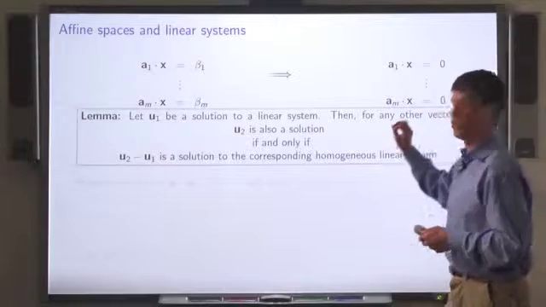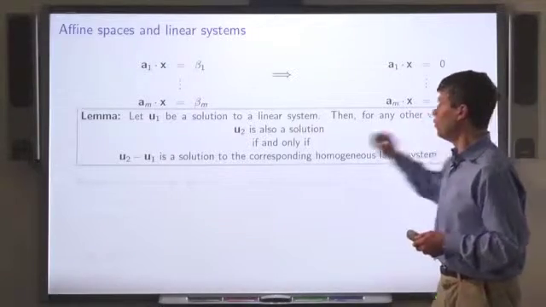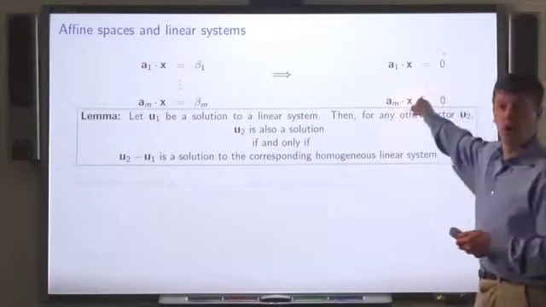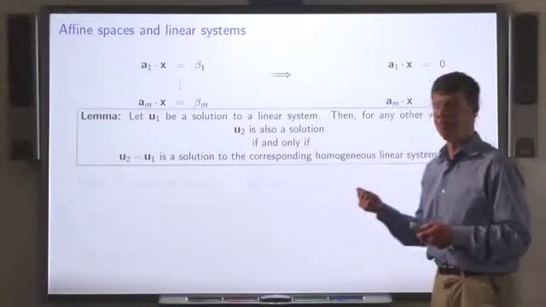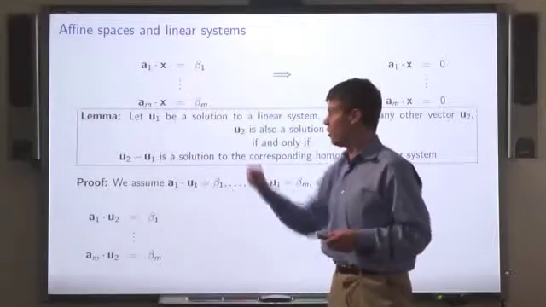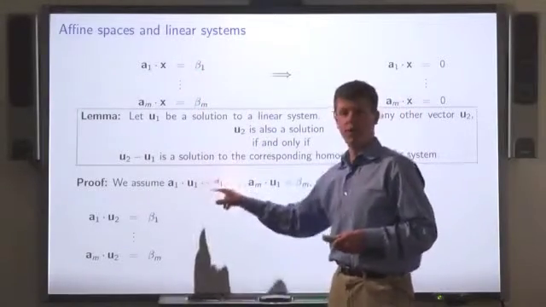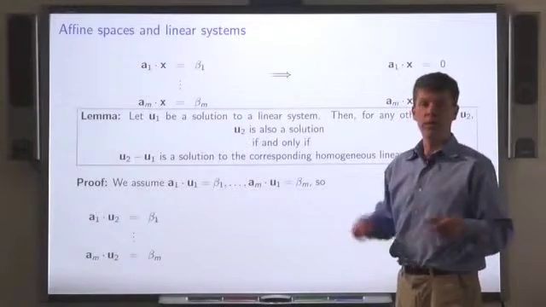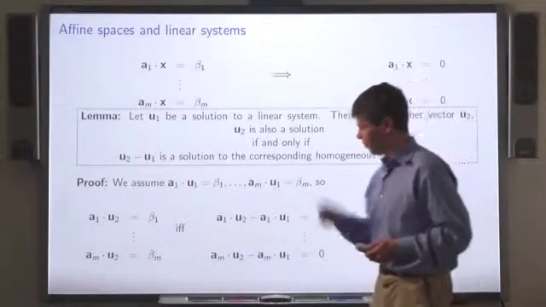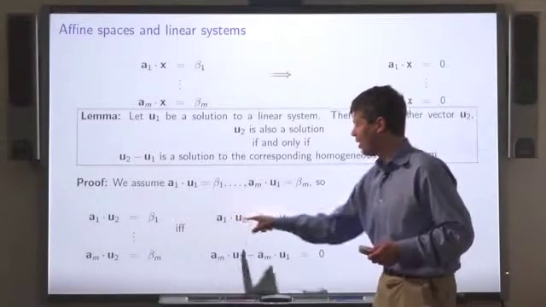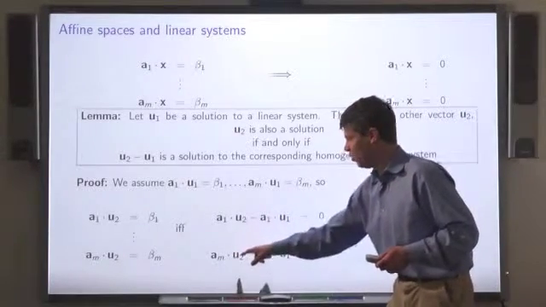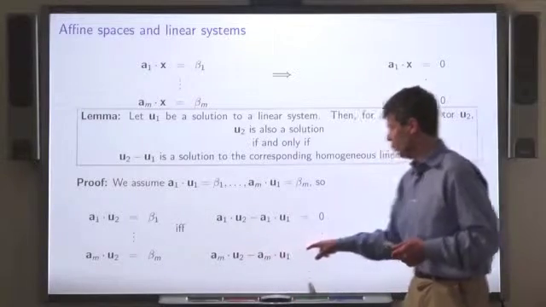Let u1 be a solution to a linear system, and for any other vector u2 is also a solution if and only if u2 minus u1 is a solution to the corresponding homogeneous linear system. So we start with u1. u1 is a solution, which means that it satisfies all these equations. That is, a1 dot u1 equals beta 1, and so on. Now, u2 satisfies the same equations if and only if the difference between a1 dot u2 and a1 dot u1 is 0, and so on up to am dot u2 minus am dot u1 is 0.